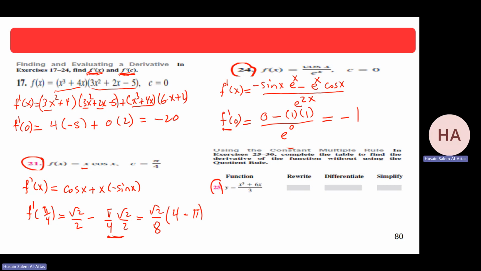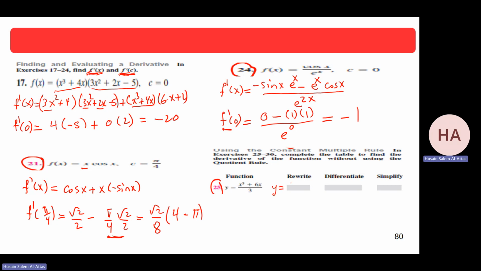Actually, these problems 25 to 30. All of these problems, we don't need the quotient rule. So you just need to rewrite them. I think they are related to 3.2. So I just need to rewrite the function so that it is in terms of powers.